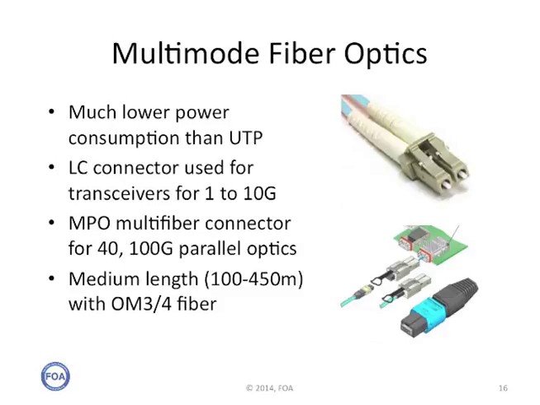As you can see later, this will have a major impact on the fiber count needed to support the equipment. Both multi-mode and single-mode fiber typically use LC connectors for single fiber connectors because they are the connectors used in transceivers. Parallel optics for 40 and 100 gig use the MPO connector shown in the bottom of the slide.